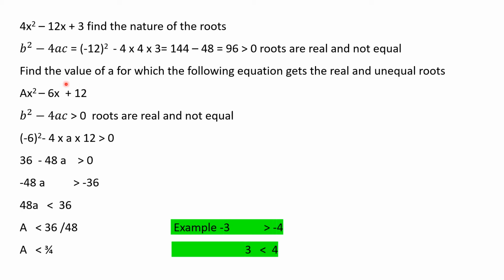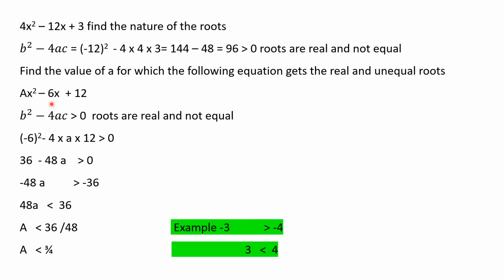So now next one: find the value of a for which the following equation has real and unequal roots. This ax square minus 6x plus 12 has real and not equal roots. If the roots are real and not equal, it means that b square minus 4ac should be greater than 0.